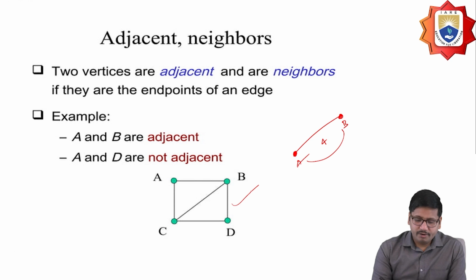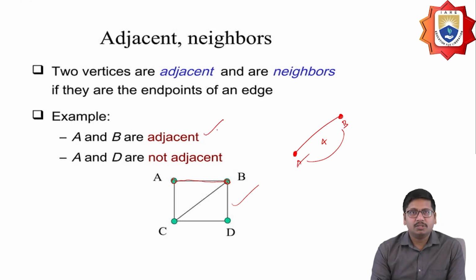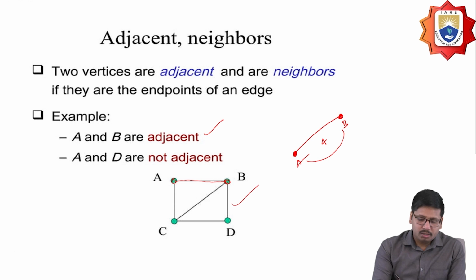In this given graph, A, B, C, D are the vertices. A and B are adjacent because those two vertices are connected by an edge. So A and B are said to be adjacent or neighbors. A and D are not adjacent, because there is no edge connecting A and D.